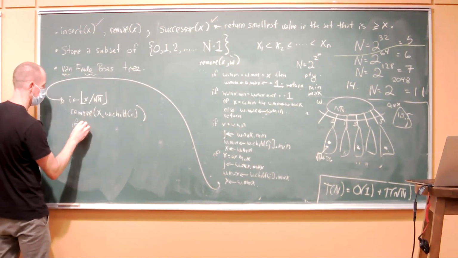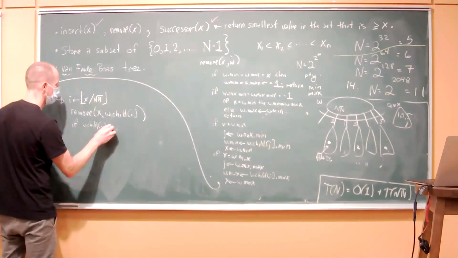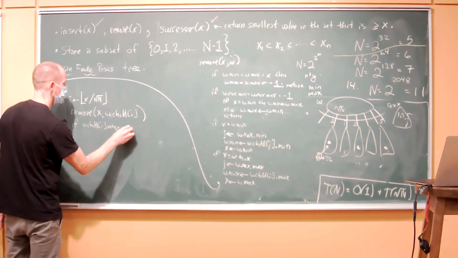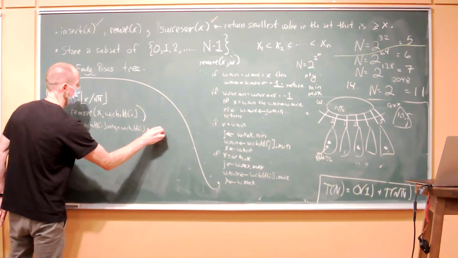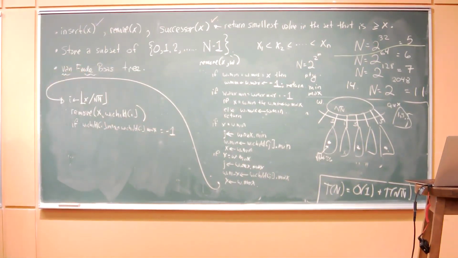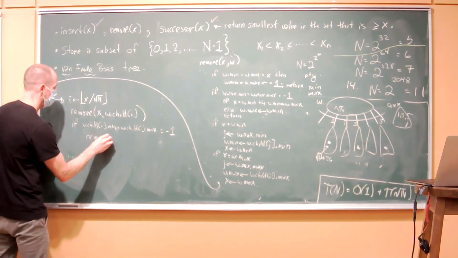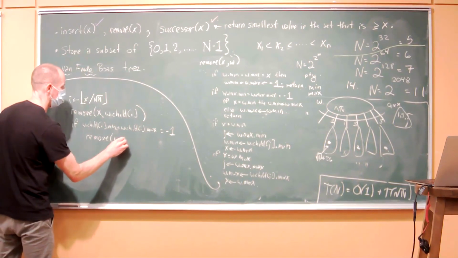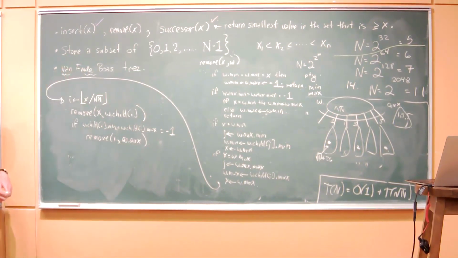So if w.child[i].min equals w.child[i].max equals -1, which is what happens when we remove the last thing, then we need to remove i from w.aux, because that ith child is now completely empty. We need to take it out of aux.